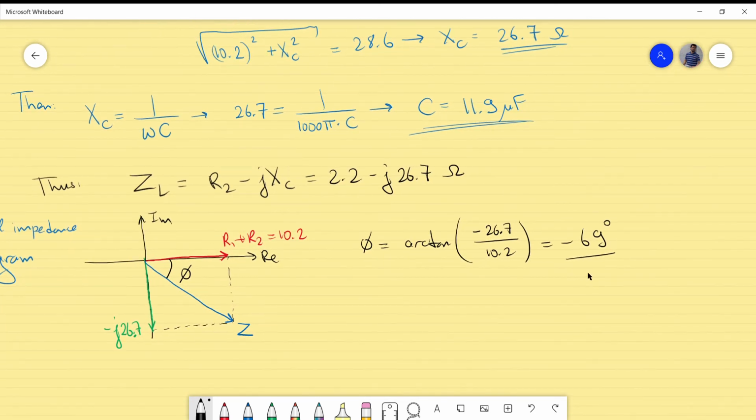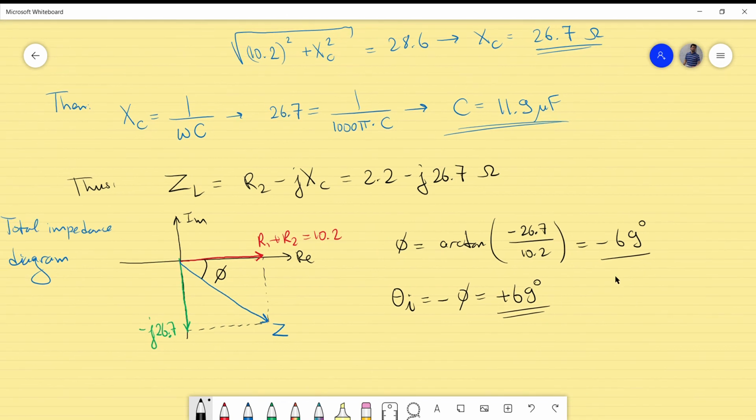So theta I must be minus the value we have here, so that will be plus 69, and it also proves that we have a leading power factor. It's just a check that our design is complete and satisfies the leading power factor.